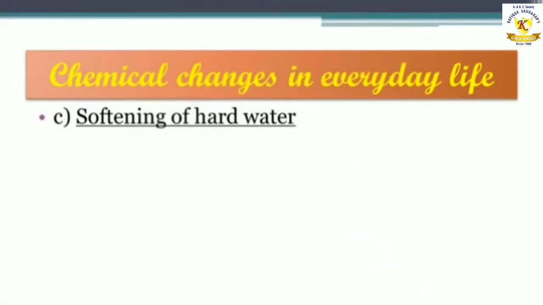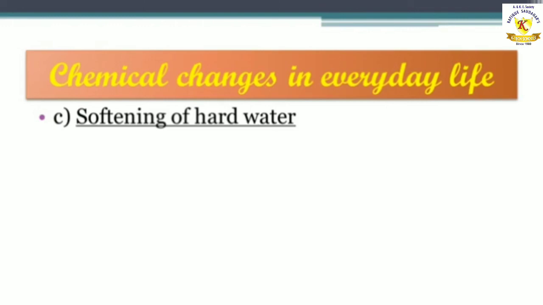Third is softening of hard water. Now some wells or tube wells have hard water. It is brackish to taste. Brackish means it is more salty and does not form lather with the soap. This is because hard water contains the chloride and sulfate salts of calcium and magnesium in dissolved state.